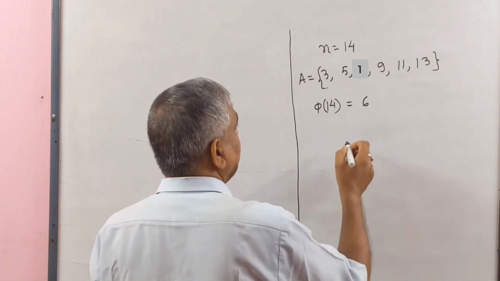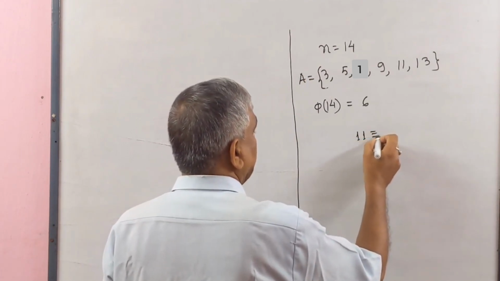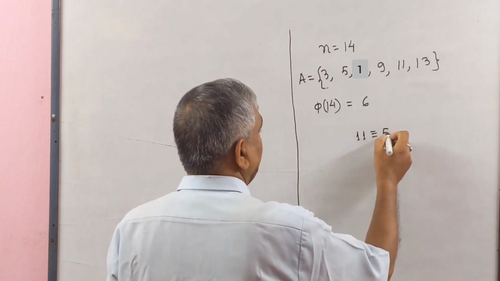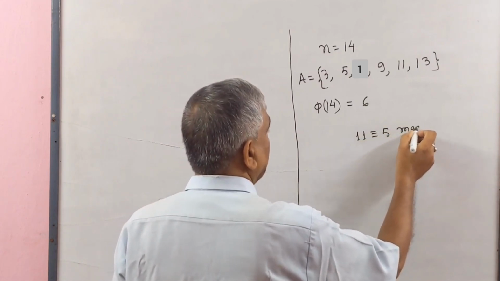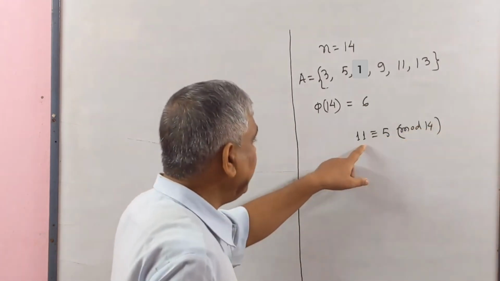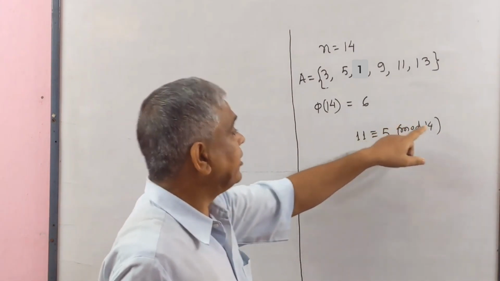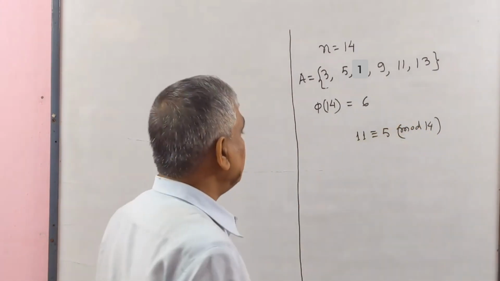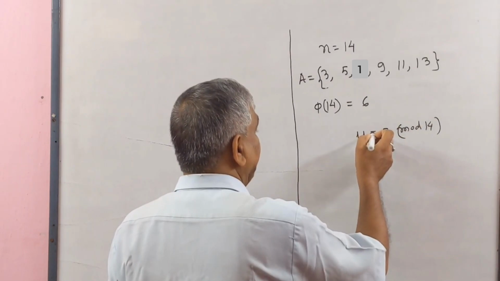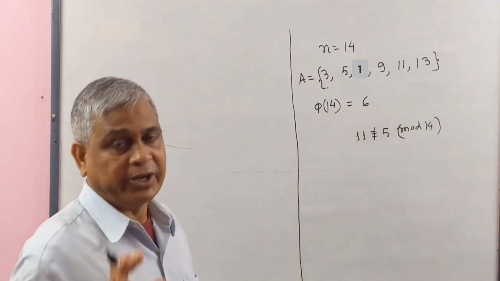If we take 11 and 5, is 11 congruent to 5 modulo 14? Here 11 minus 5 is 6, which is not divisible by 14. So 11 is not congruent to 5 modulo 14.